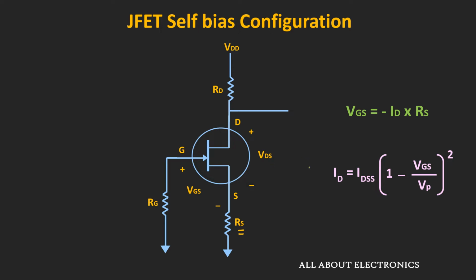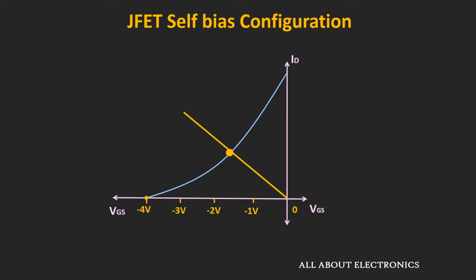Now in case of this self-bias configuration, since VGS is equal to minus ID times RS, the load line will pass through the origin. And in this case, because of the change in the device parameters, the maximum change in the drain current will be less than in the fixed bias configuration.